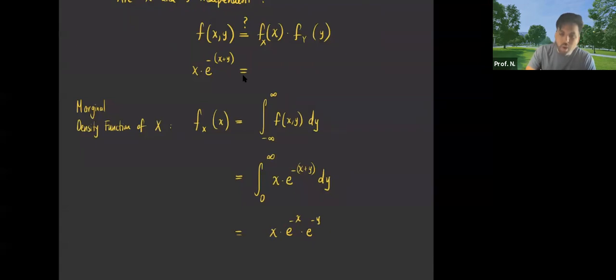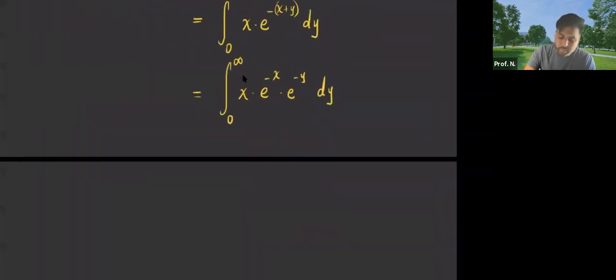I can use the law of exponents. Same base, right? When you multiply two exponential expressions with the same base, you add the exponents. So look what I could do. I can take this out, x times e to the negative x. This becomes the integral from 0 to infinity of e to the negative y dy.